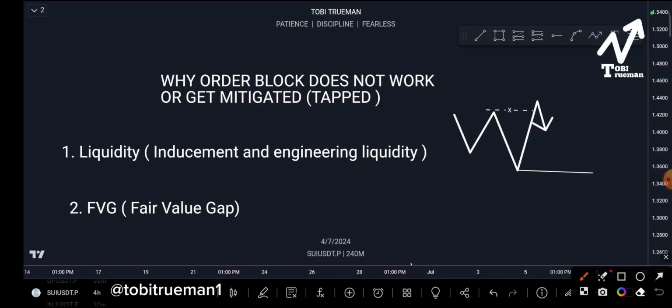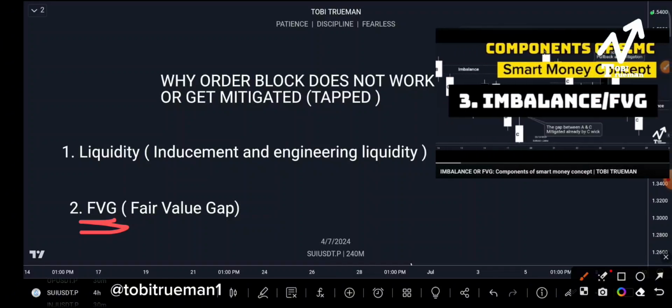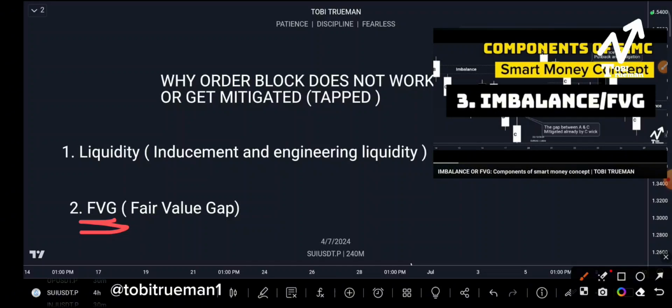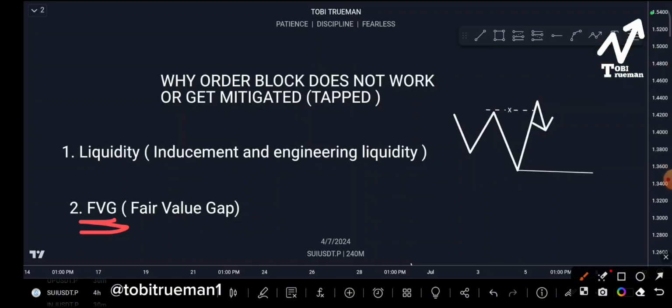Now, number two thing that may not allow an order block to get tapped or mitigated is what we call FVG. In my previous videos, you can check them out on this channel, TOBI TRUEMAN, I've talked about fair value gap and explained it with pictorial diagrams, all of those things. Please do well to check them out. Now, fair value gap is the space between a series of order blocks.